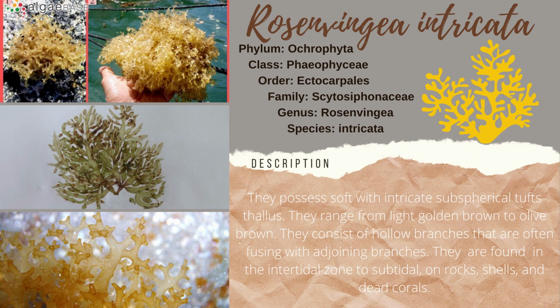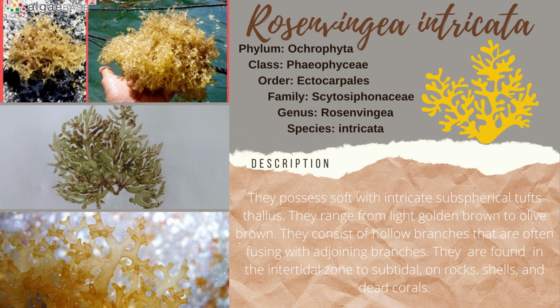Rosenvingea intricata, phylum Ochrophyta, class Phaeophyceae, order Ectocarpales, family Scytosiphonaceae, genus Rosenvingea, species intricata. Rosenvingea intricata plants are yellowish-brown algae that are only about 3 to 5 centimeters tall, but make up for size by growing intricately into each other in ramified branches, befitting its name.